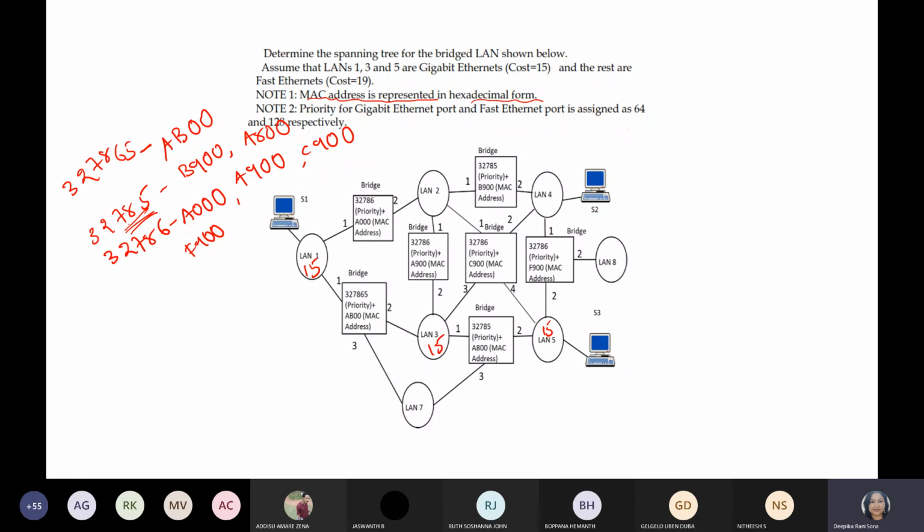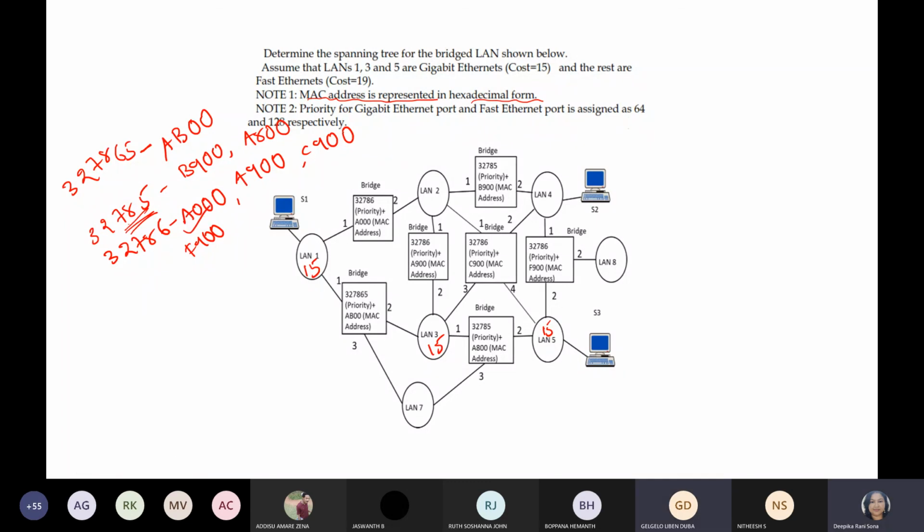MAC address is represented in hexadecimal form. So guys, some hints are also given. 32786 with A000 is the root bridge. Yes, A000 is the root bridge. Okay. Next class, you have to justify this. Liben, how is it? Just give a one line answer. It is correct only, A000.